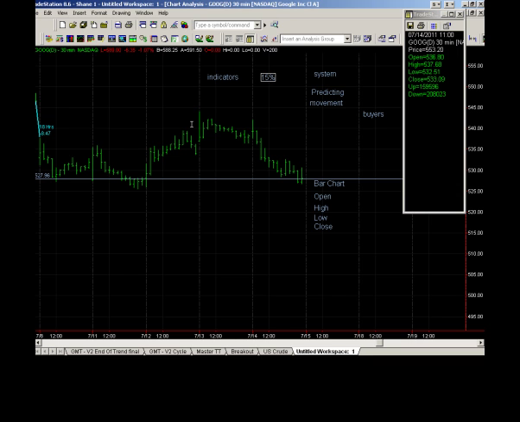But what you're relying on is your money management, because that's what's going to make you long-term successful or not. The system is really only adding 15 to 20% to your overall model.